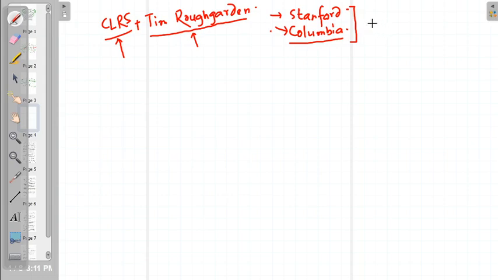Now another example that I was talking about. This is from Tim Roughgarden's book, Algorithms Illuminated. This is searching two arrays.